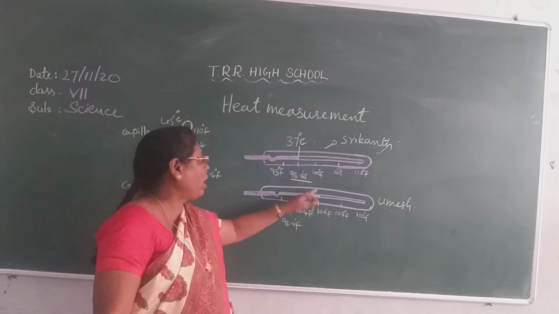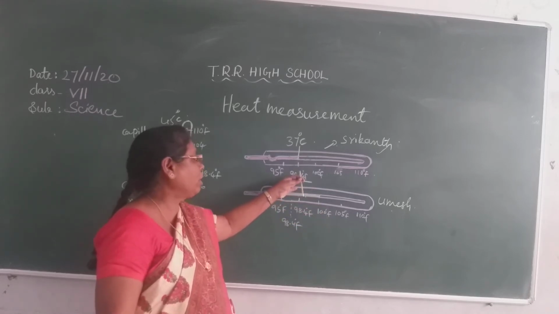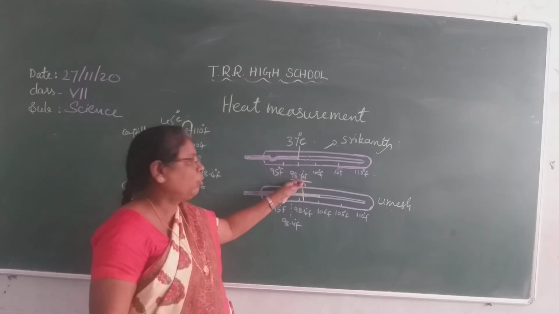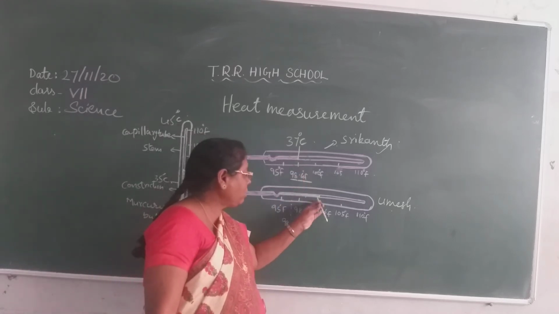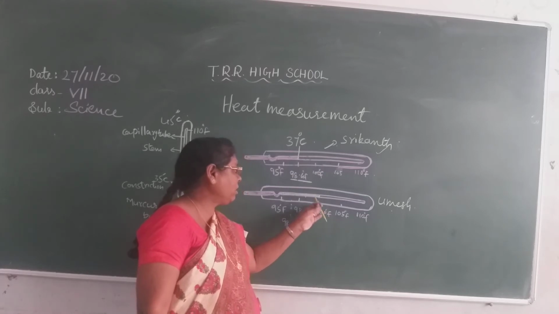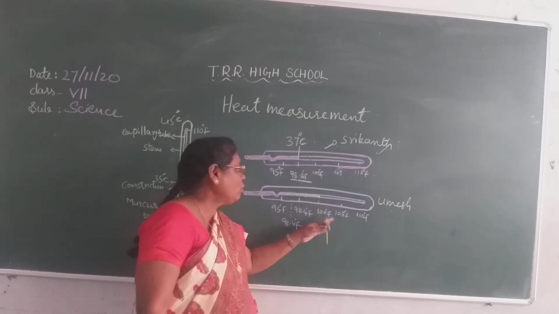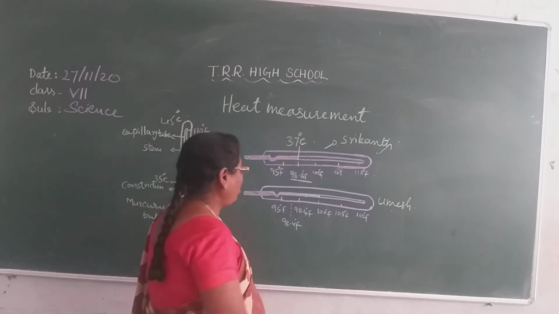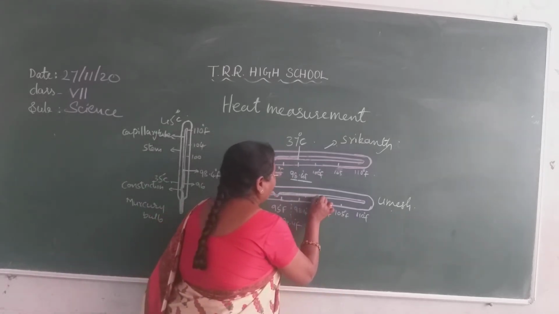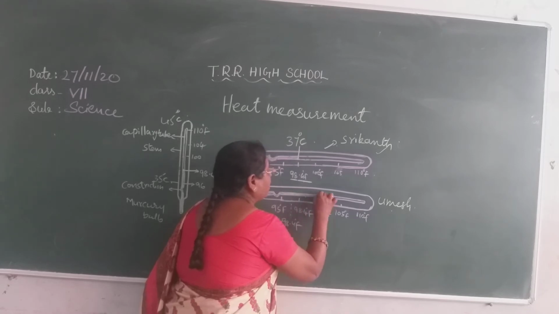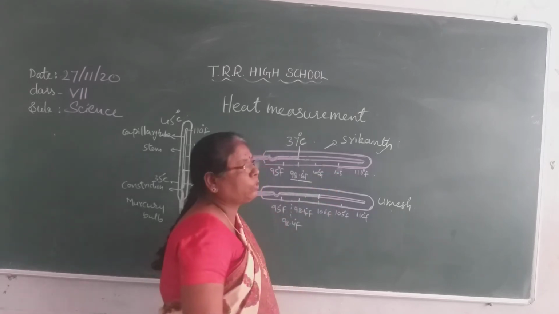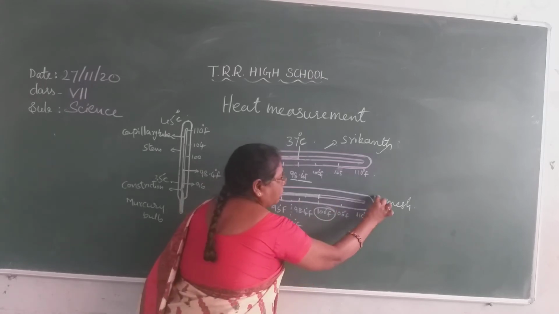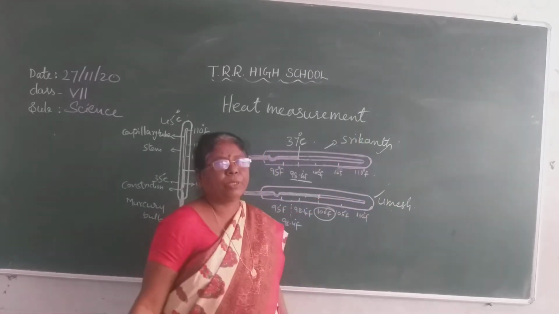If you keep it for a longer time, the same temperature it will show. So, is he suffering from fever or not? Yes. Beyond the normal temperature, when the mercury level increases, you are suffering from fever. So 100 degrees Fahrenheit means Umesh is suffering from fever.